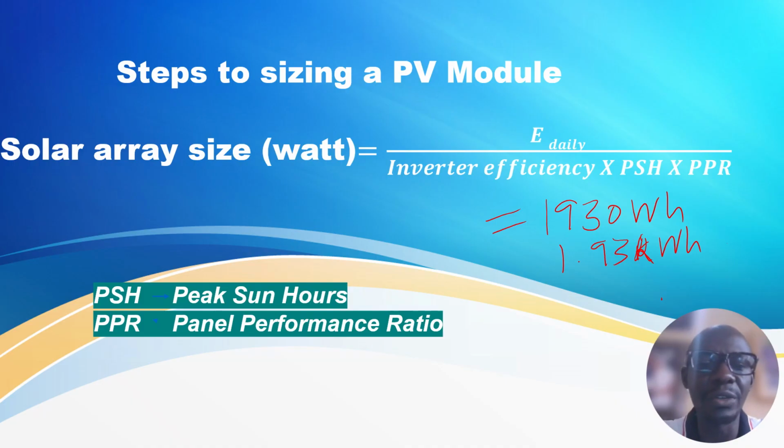So we rate it that a panel can at least supply 65% of its rated power. That's what we mean by panel performance ratio. And why can the panel not supply up to 100%? It's due to, one, temperature.